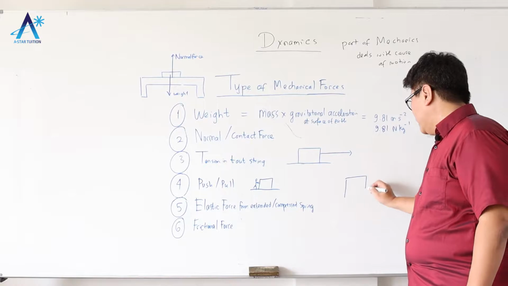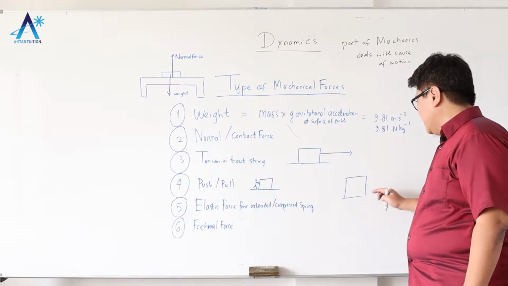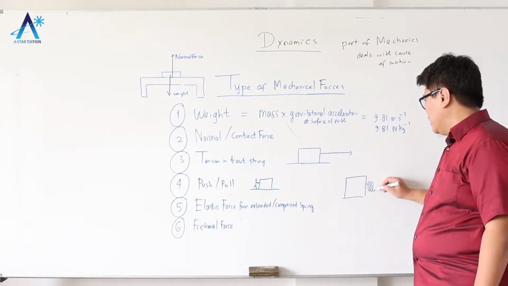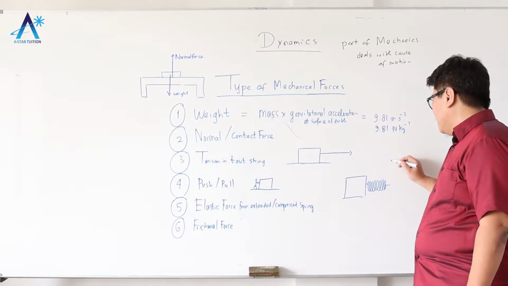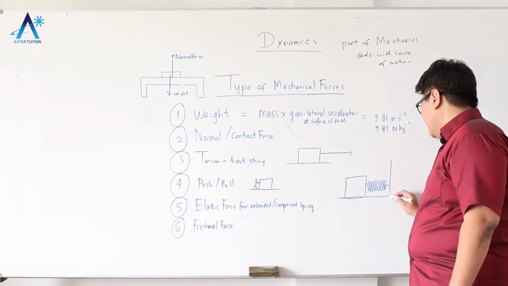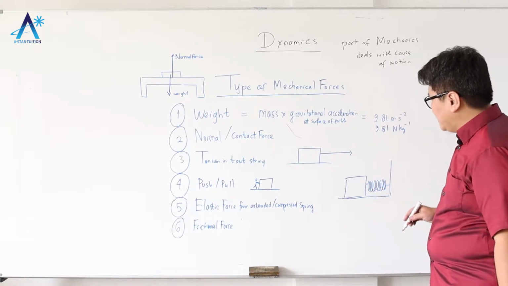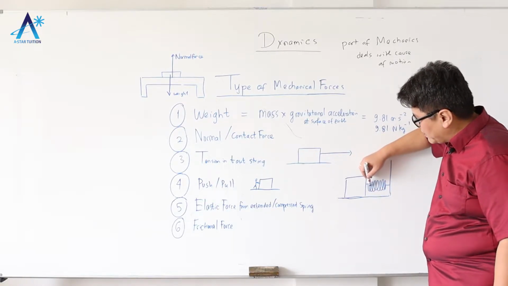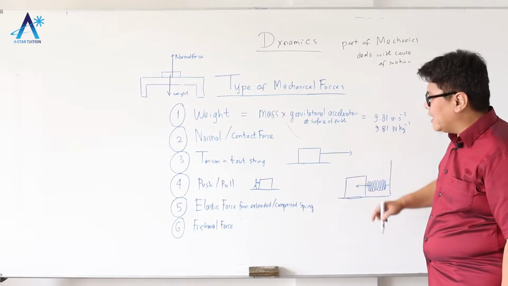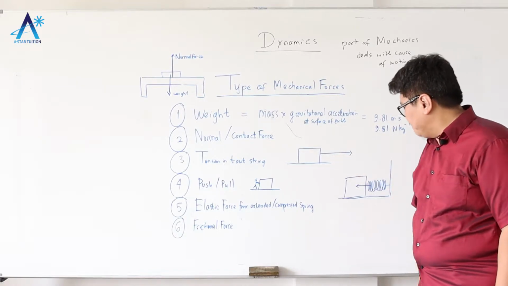So for instance, we see that this object is attached to a spring that is compressed. So someone is compressing the spring, and what happens is that the spring is actually exerting a force, the elastic force, to the object.